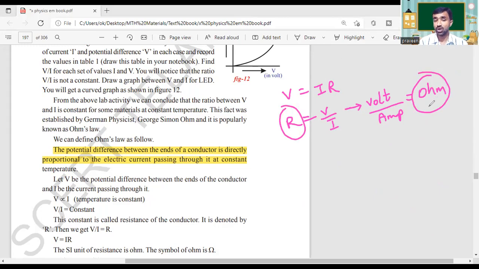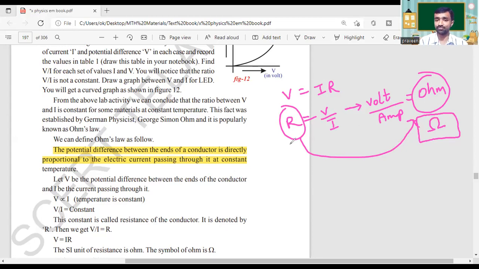We represent ohm symbolically with the Greek symbol omega, but it is read as ohm. So this is about resistance.